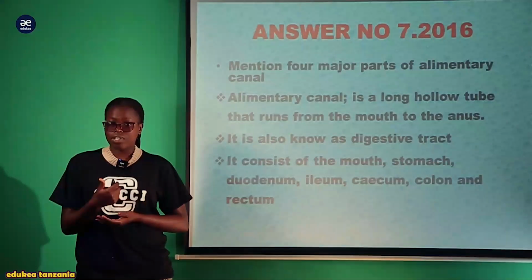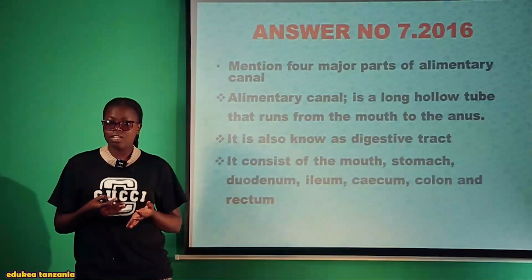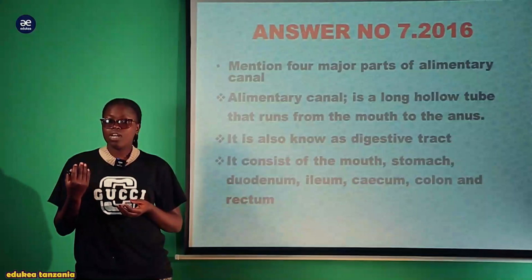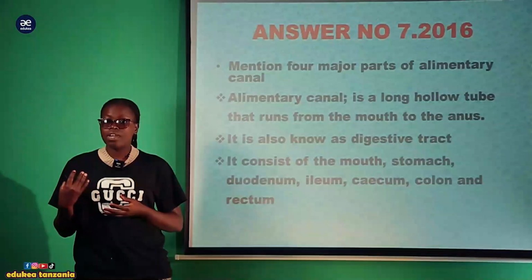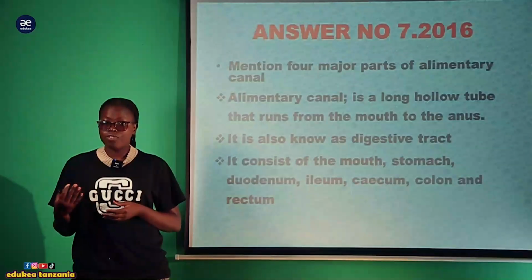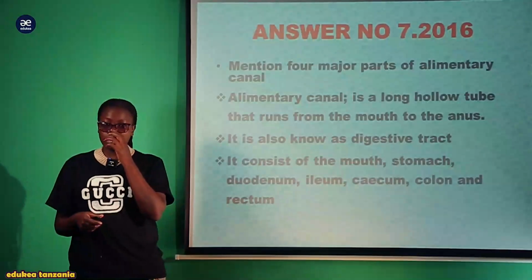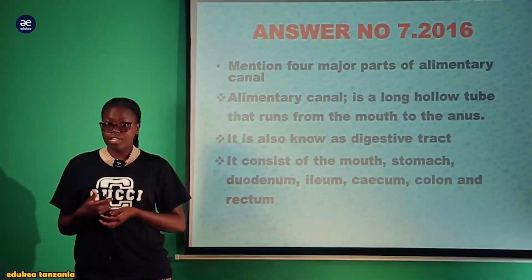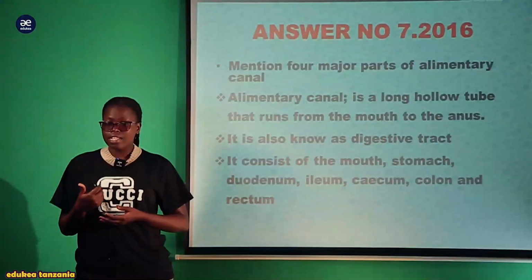Tumeangalia katika process of digestion, kuna ingestion, kuna digestion, ambapo kuna mechanical na chemical digestion, kuna absorption, assimilation na vilevile egestion ambayo ni removal of unwanted material in form of feces. So this alimentary canal tends to run from the mouth up to the anus. So it is also known as the digestive tract.